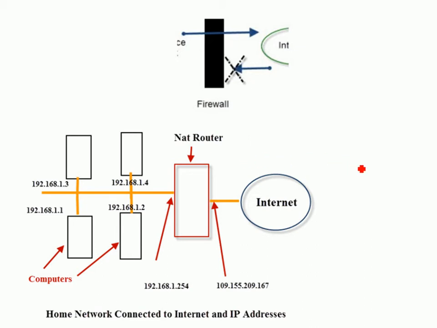So how do you get from the internet into your internal network? Well, the answer to that is port forwarding. What port forwarding does is make a port on any one of these computers, and you have to select which one, appear to be on the external network. So this port here effectively shows up here.